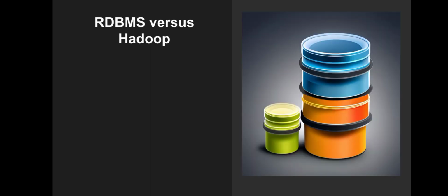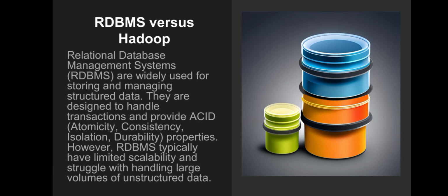Next comes RDBMS versus Hadoop. RDBMS stands for Relational Database Management System, widely used for storing and managing structured data. They are designed to handle transactions and provide ACID properties known as atomicity, consistency, isolation, and durability. On the other hand, Hadoop is a distributed computing platform specifically designed for handling big data.